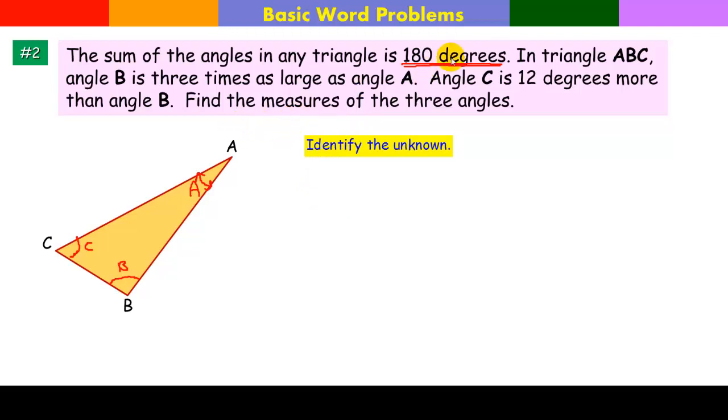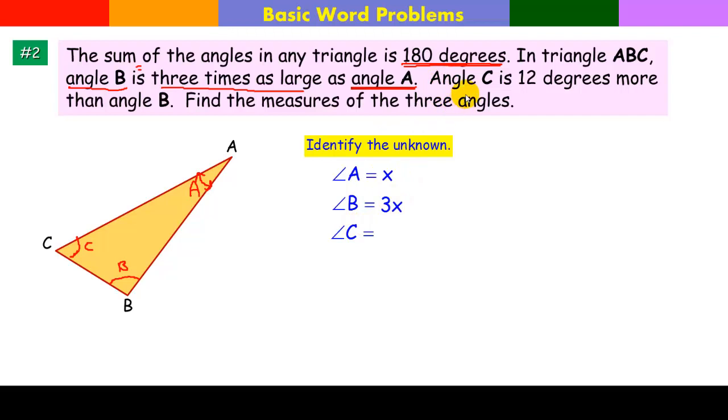So I'm going to read the problem carefully this time. In triangle ABC, angle B is 3 times as large as angle A. So here's what I'm going to do. This is my unknown, angle A, so I'm going to say angle A is x. Then it says angle B is 3 times as large as angle A, so that's 3 times x, or 3x.